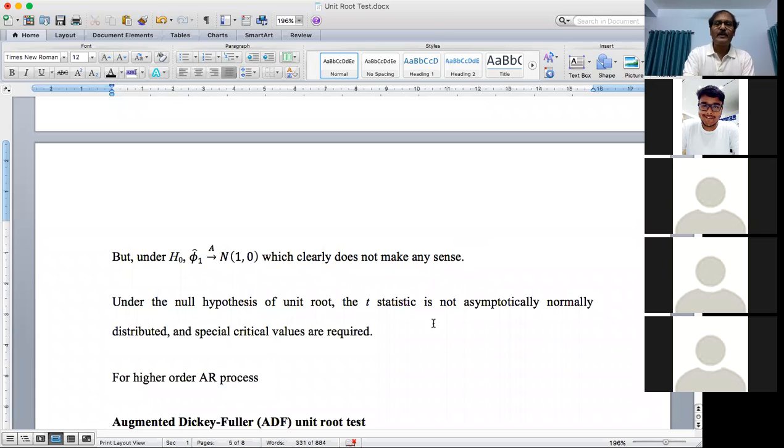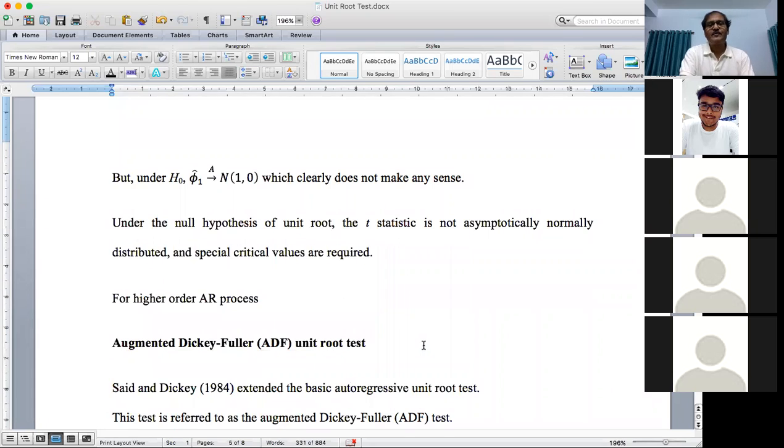So what is the way out? The way out is we have to find a new kind of distribution which is roughly similar to the t distribution, because the t distribution is not applicable for the Dickey-Fuller statistics.